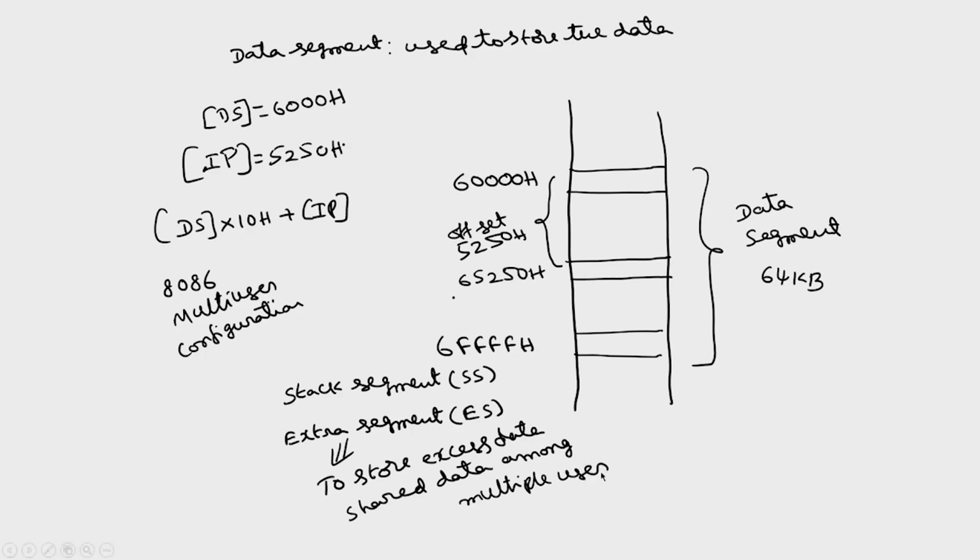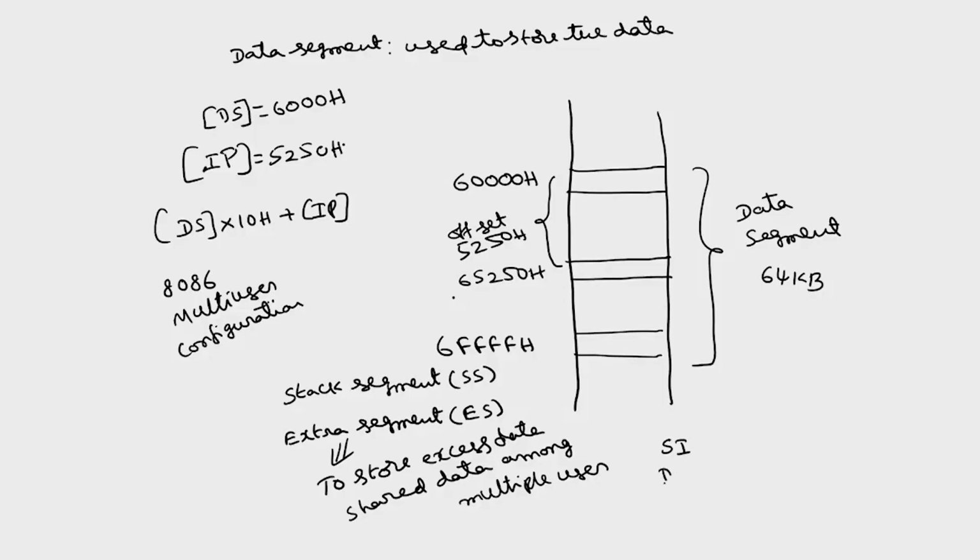The extra segment is also used in string operations. A string is when you want to transfer a huge amount, a block of data, from one location to another location. In that case also we can use the extra segment. In the extra segment, the offset will be stored by the source index and destination index, the SI and DI registers, as I discussed in the earlier slide.